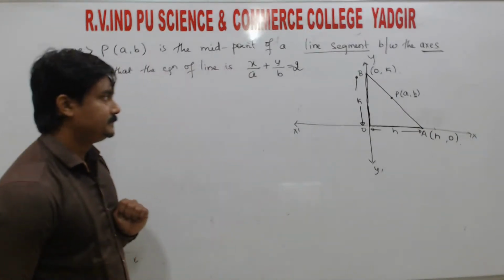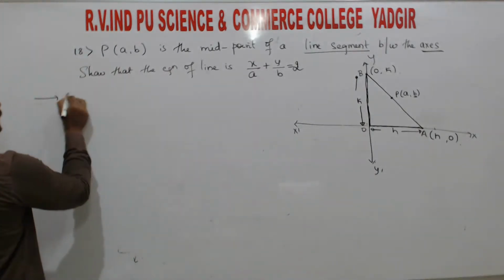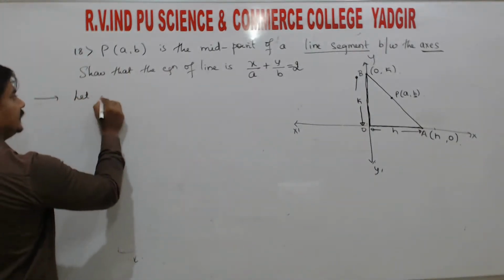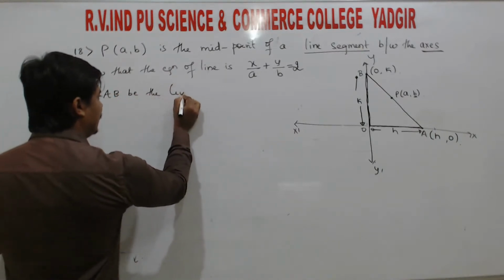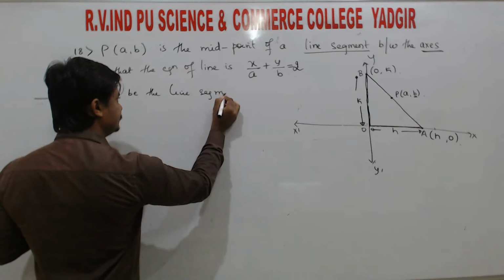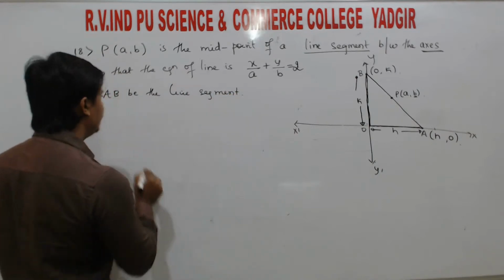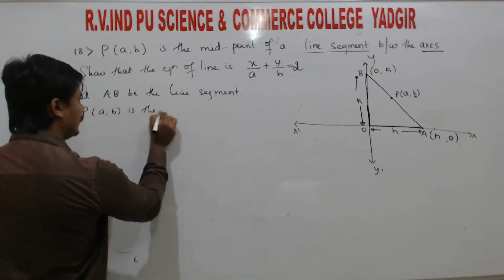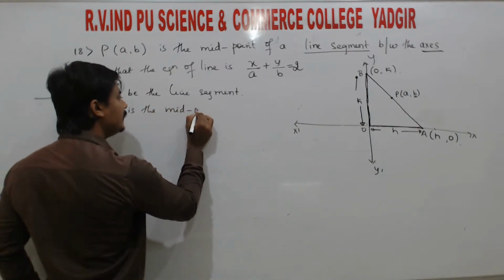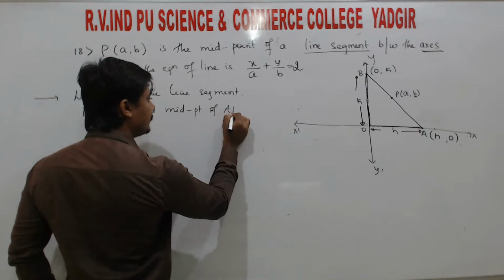Next, solution and observe matrix. Let AB be the line segment. P(a, b) is the midpoint of AB.